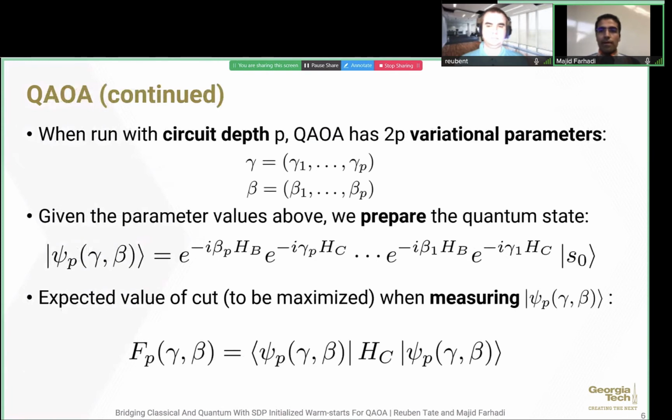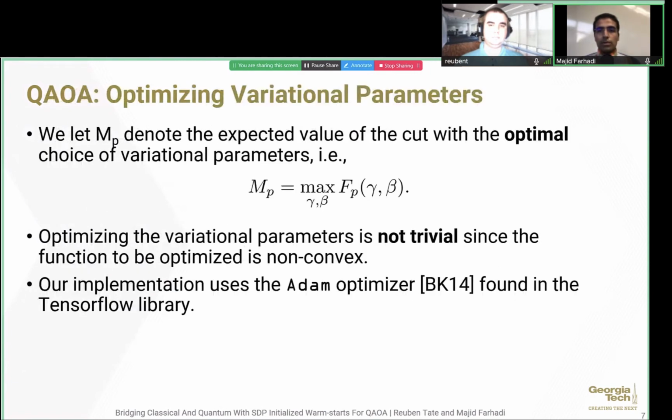The quantum expected value of the cut is denoted by F sub P and can be derived by applying the cost Hamiltonian to the quantum state. Let M sub P denote this expected value of the cut for the optimal choice of variational parameters. In other words, QAOA optimizes F sub P over all possible choices of gamma and beta and takes the maximum.